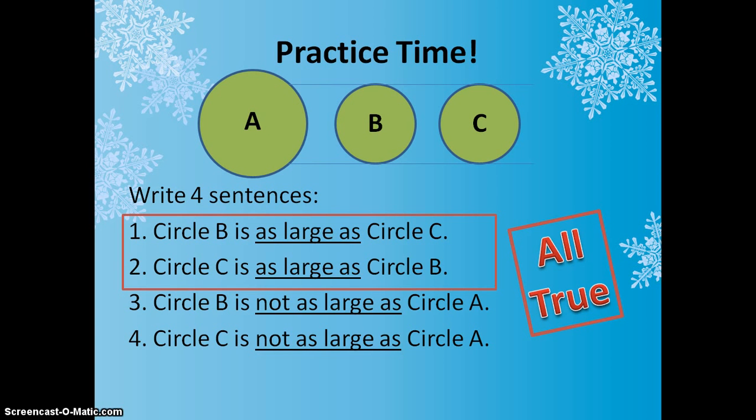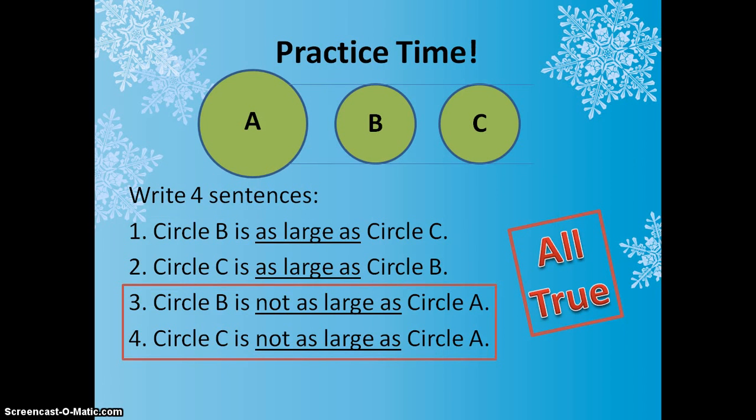Notice that sentence 1 and sentence 2 mean the same thing. Circle B is as large as circle C means the same as circle C is as large as circle B, because they're the same. But let's look at numbers 3 and 4.